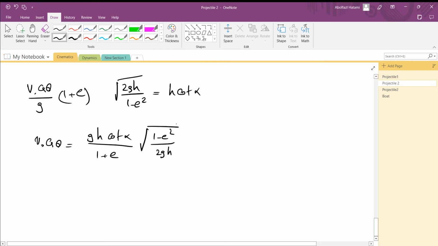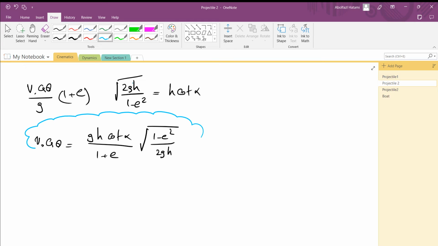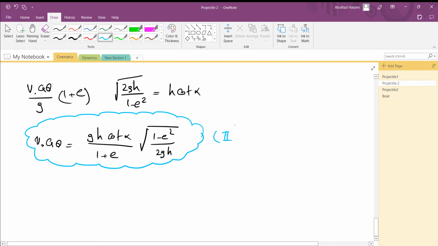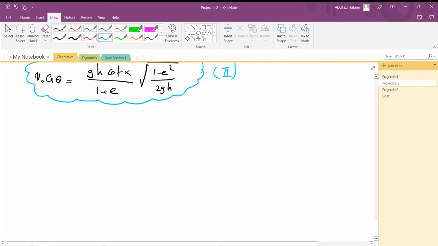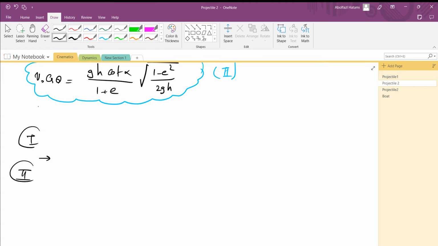This is the double I equation. From equations I and double I, we will understand that V0 sine of theta is going to be something like this, and V0 cosine of theta is just something like this.